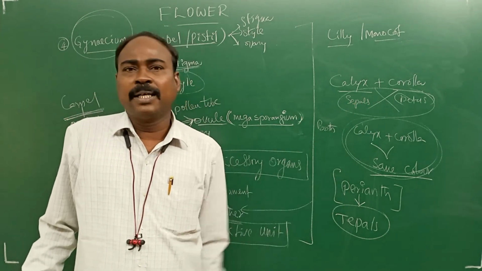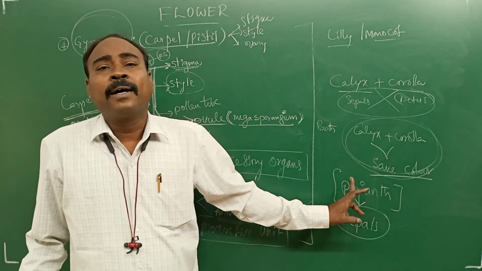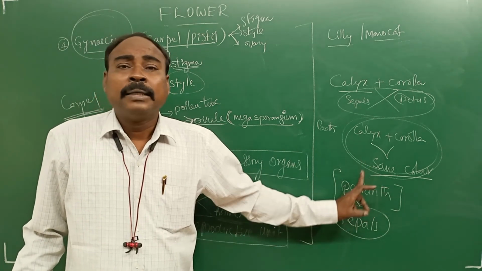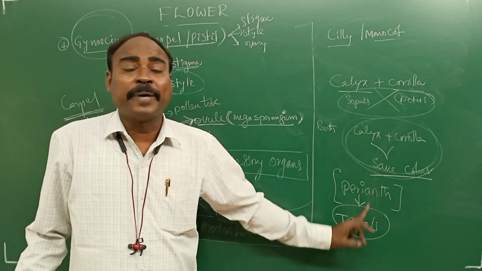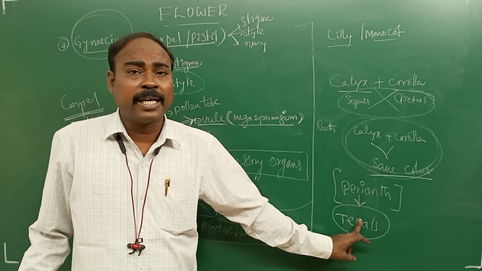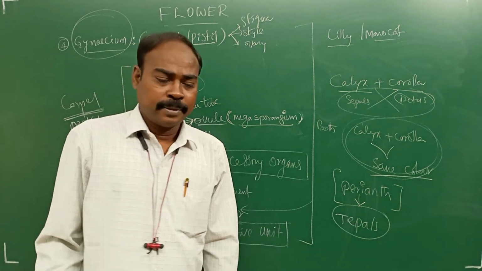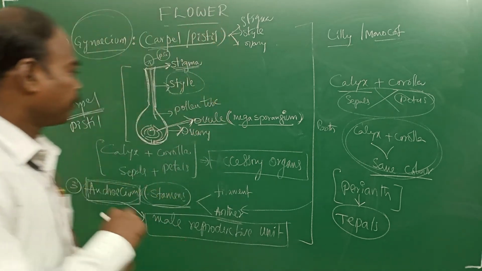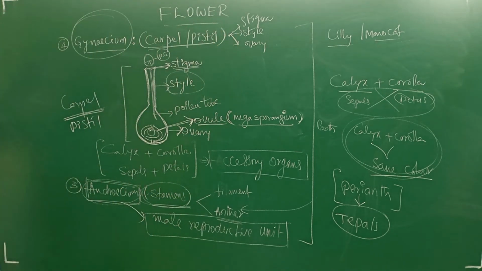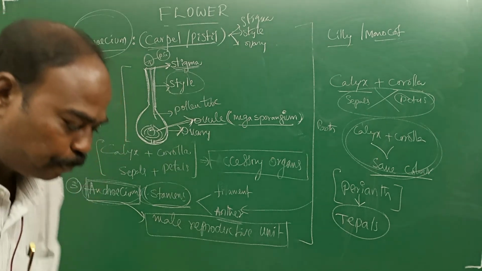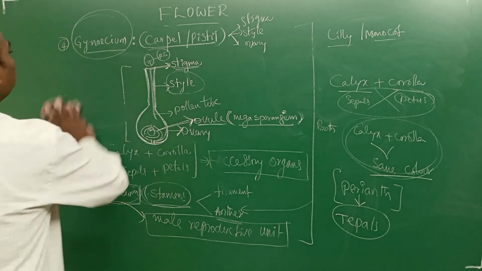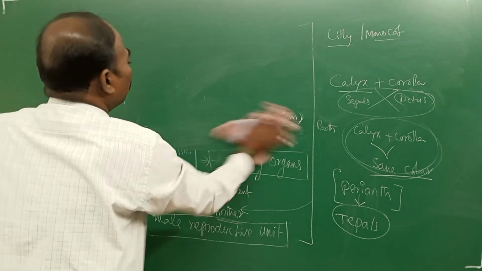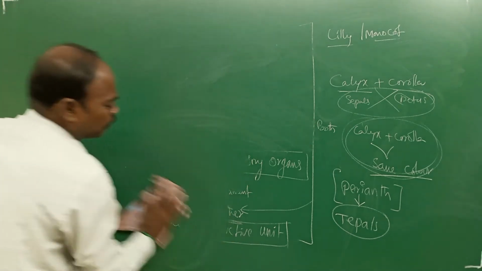Both are the same color, so they are said to be perianth. The individual leaves of the perianth are termed tepals. So, these are the four whorls of a flower.